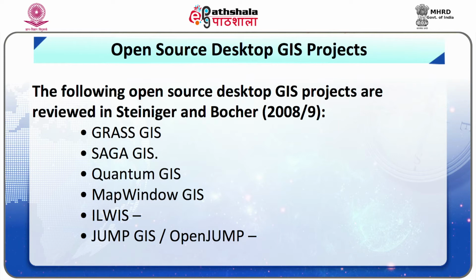Then we have Quantum GIS. QGIS is an open source GIS that runs on Linux, Unix, Mac OS and Windows. Then Map Window GIS, a free open source GIS with desktop applications and programming components. Then we have ILWIS also, Integrated Land and Water Information System, which integrates image, vector and thematic data. It became free, it became open, and then again it became proprietary and so on.